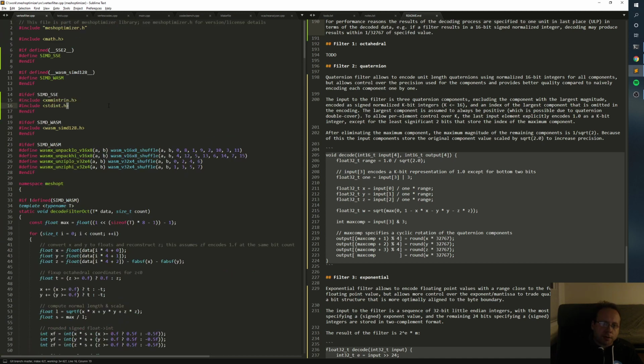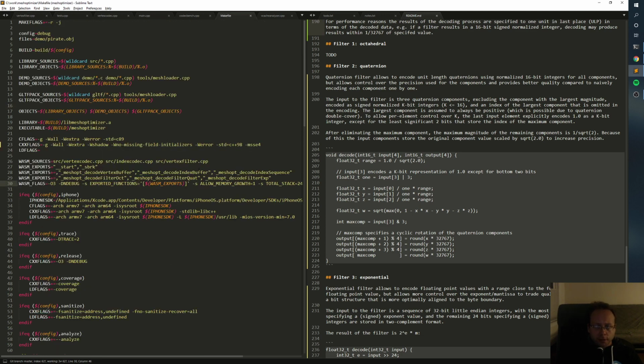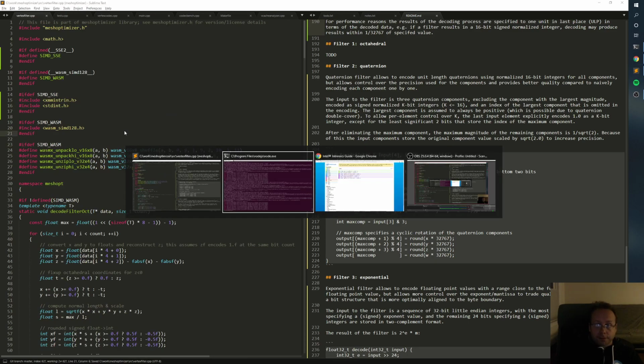I don't think I'm using it in other parts of the library, but it's probably fine. I was planning to start doing this anyway. So I think right now we don't need SSE41 anymore. I believe so.